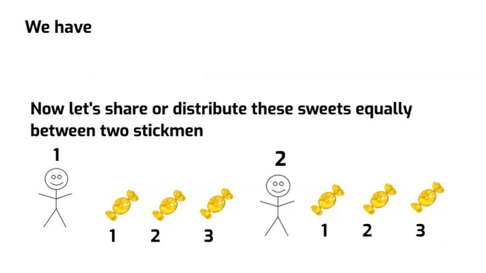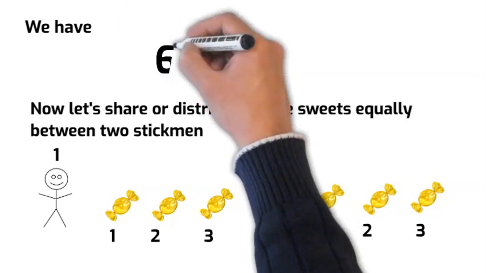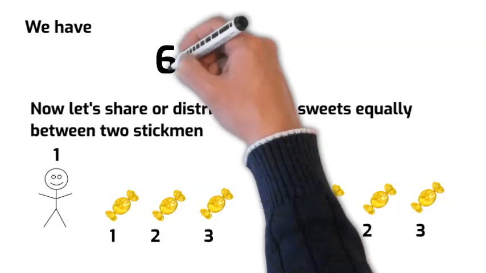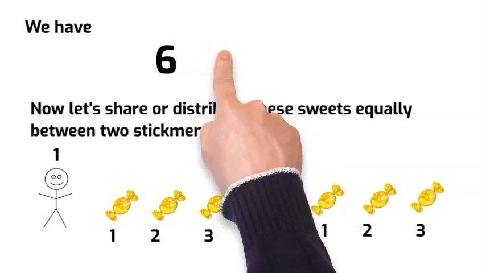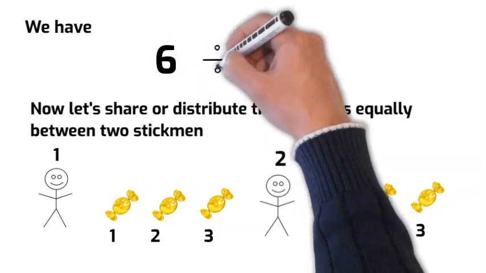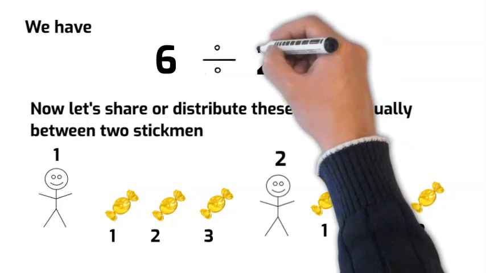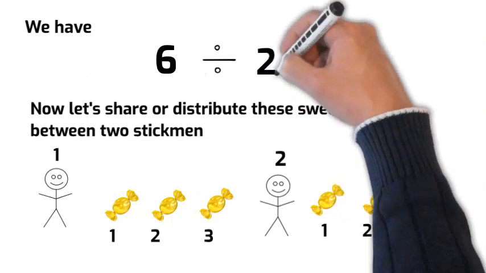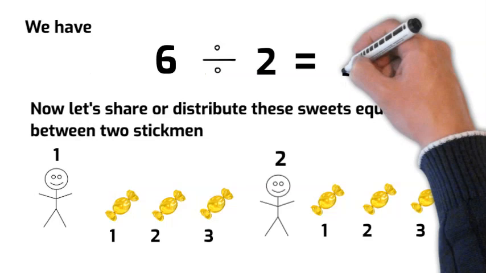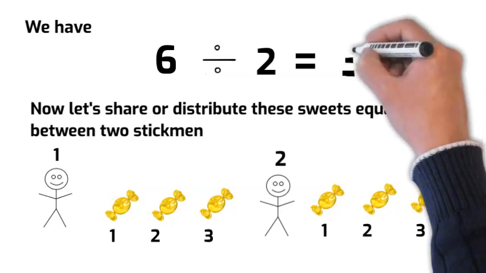They both got 3 sweets each. In other words, 6 divided by 2 is equal to 3.